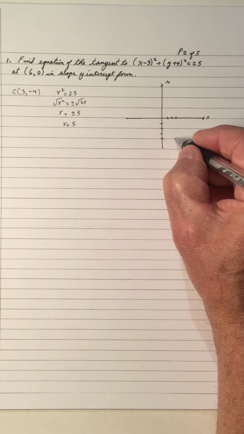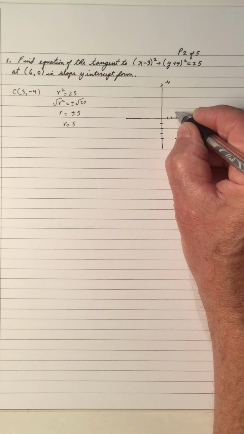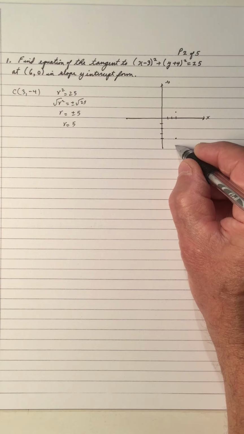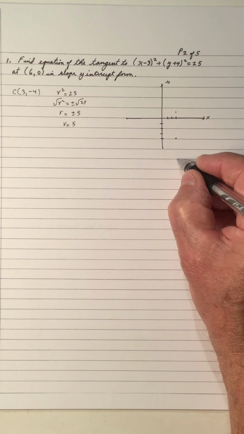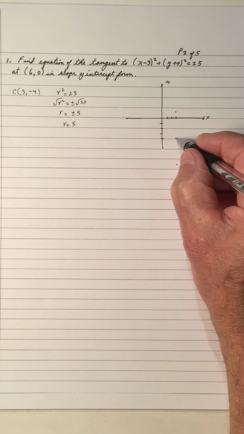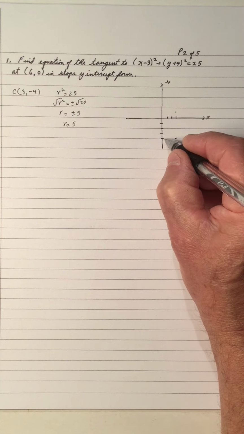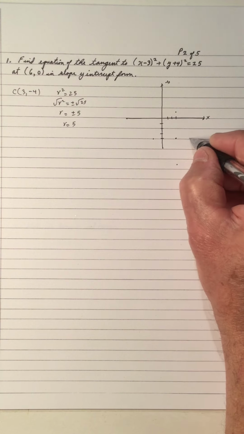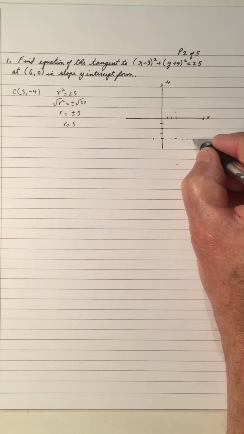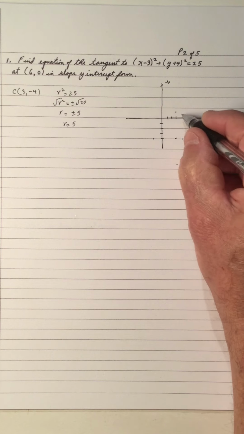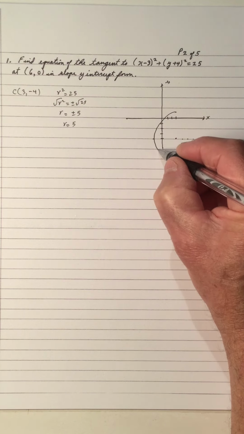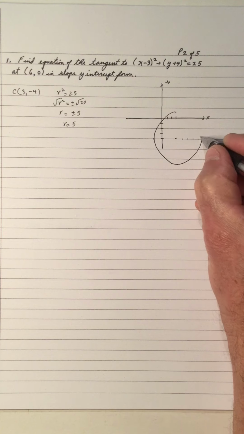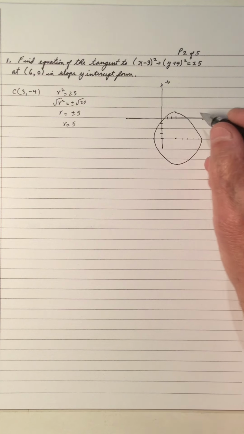So we go 5 up, 5 down, 1, 2, 3, 4, 5. We go 5 to the left, 1, 2, 3, 4, 5. 5 to the right, 1, 2, 3, 4, 5. So this is the circle that we have, just as a rough sketch.